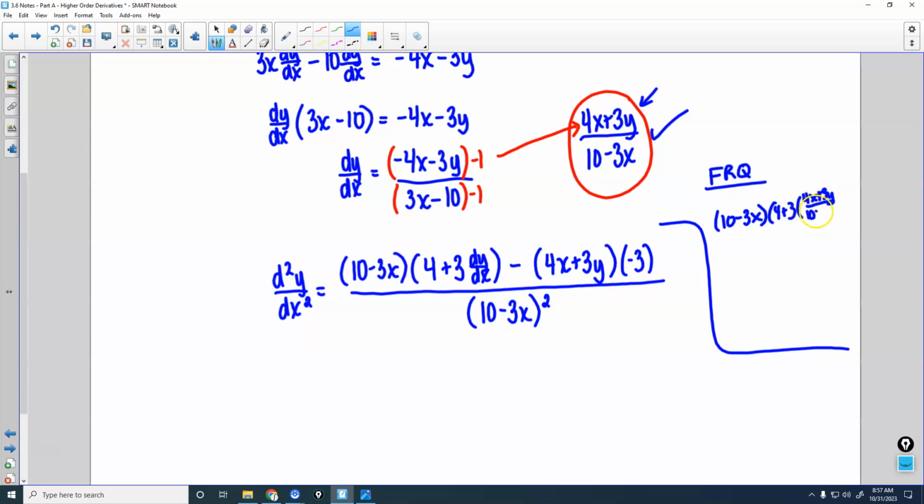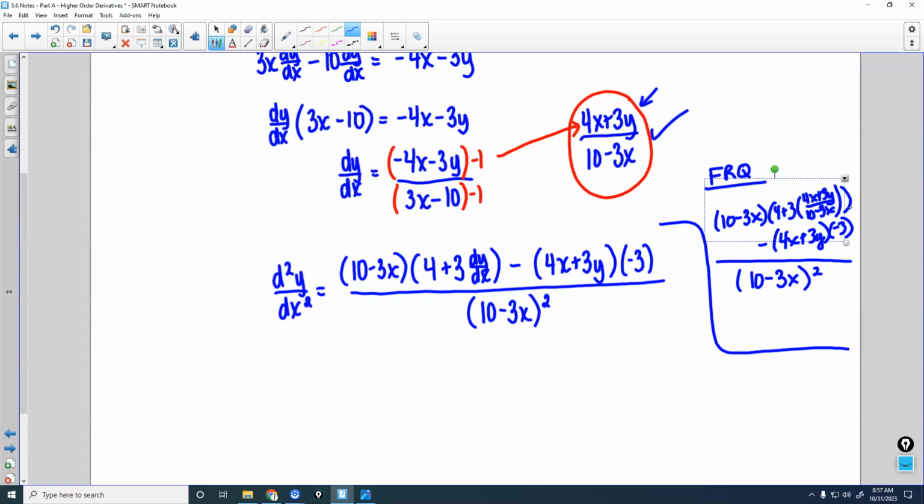We'll run out of room really bad here. Minus 3x minus 4x plus 3y. That's all one line. Times negative 3 all over 10 minus 3x squared. So if it is a free response, even though I do need one more parentheses right there, just plug in your dy/dx and leave it from there.